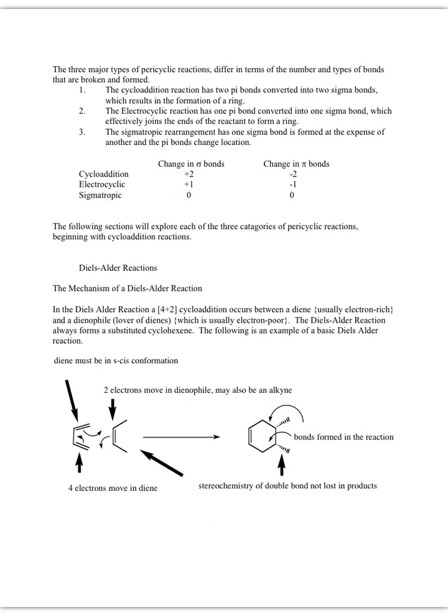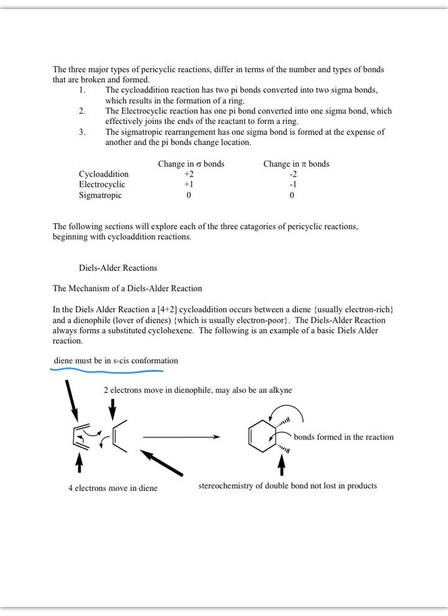So the Diels-Alder reaction, we have a generic one shown at the bottom, is a diene, which must be in the s-cis conformation, and a dienophile reacting together. Four electrons move in the diene, two in the dienophile, and in this process, we form a six-membered ring.